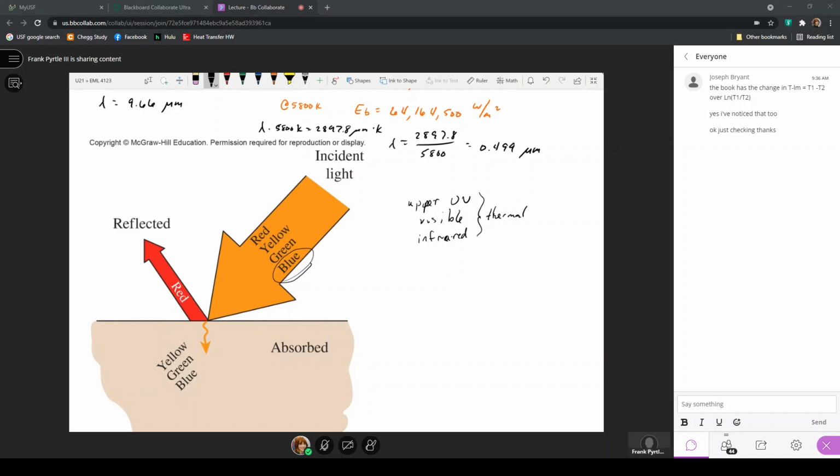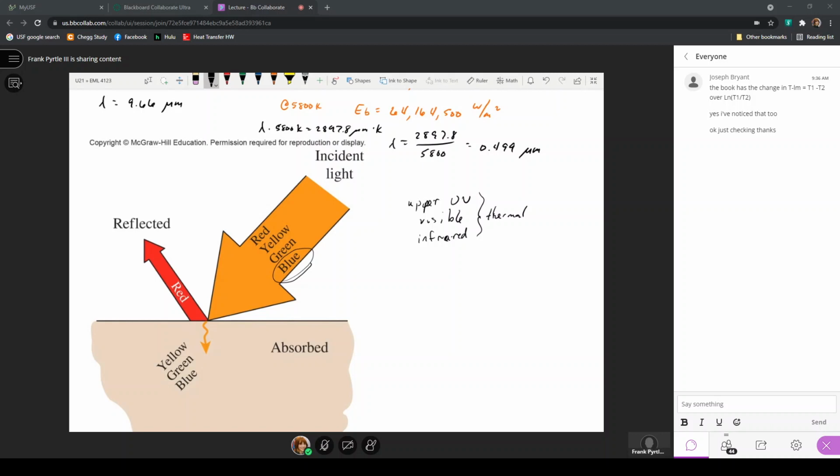These same things can happen if any combination of these ranges is incident on a surface. That surface can reflect, it can absorb, and we'll talk a little bit later about it transmitting.